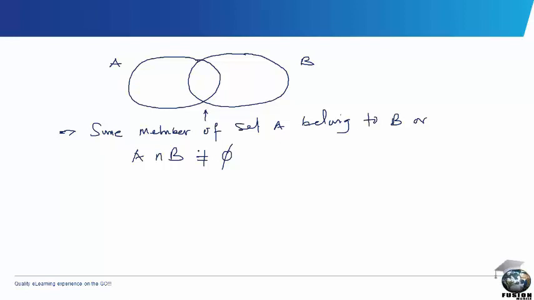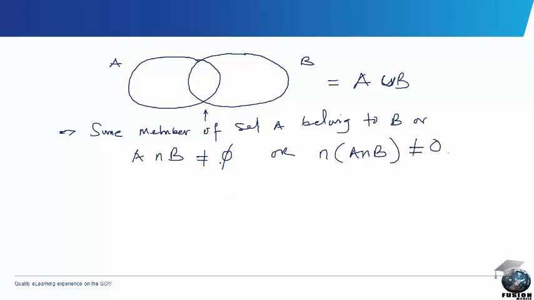The first one we stated, that some members of A belong to B, could result in A union B. Or you can as well write this as A intersection B is not equal to 0.